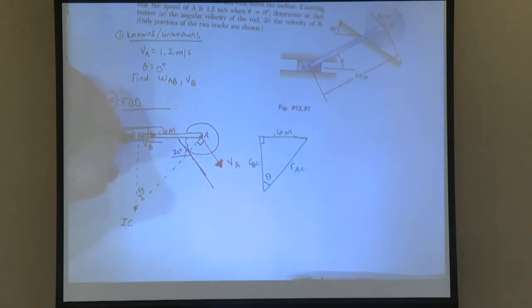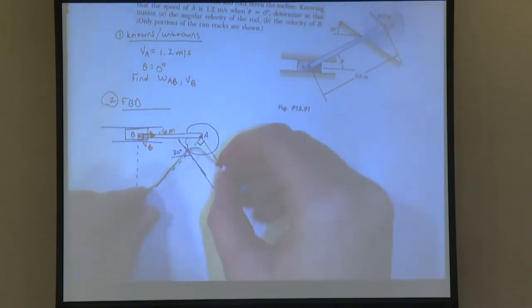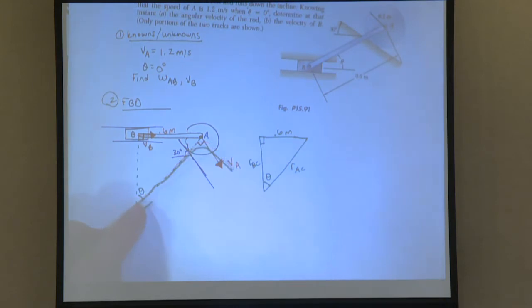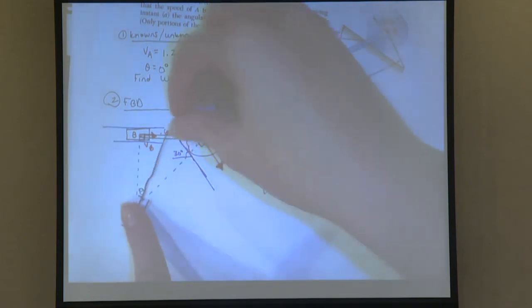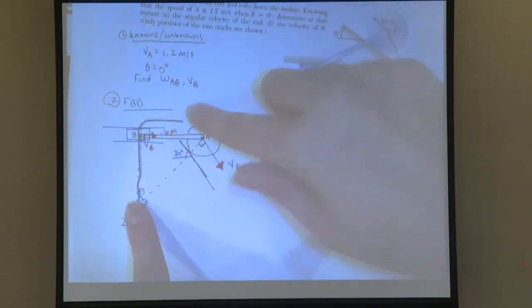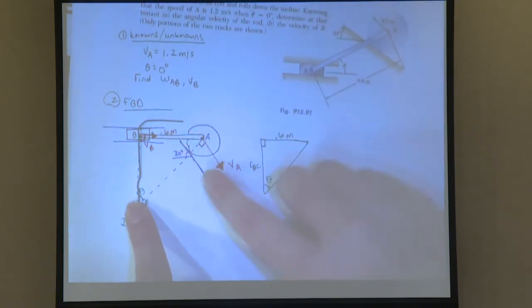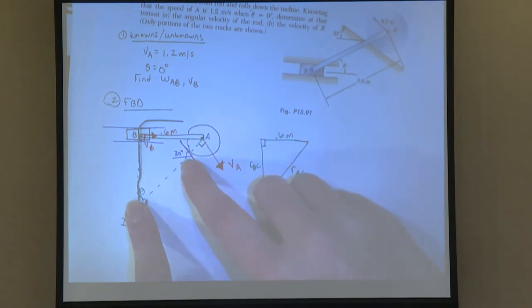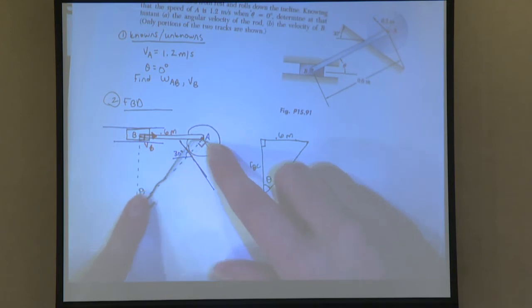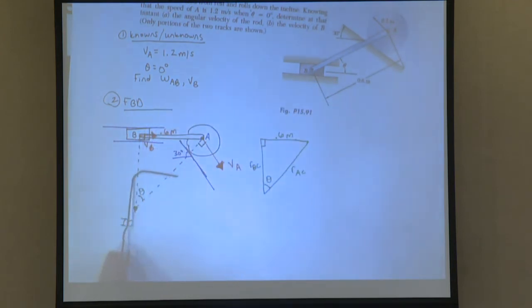We know that B is perpendicular to this line, right? So if I put this paperclip right here, and then I rotate it like this by an angle of theta, do you see here that this line is now parallel to that line there? It's not the horizontal. So we basically just rotated both of them by 30 degrees.